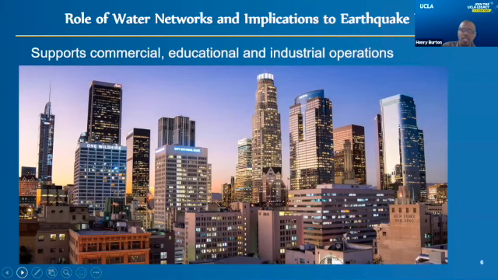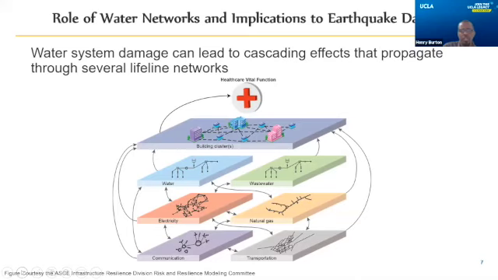And then water systems generally support not just residential buildings, but a variety of different operations, including commercial, educational, and industrial. And so if you think about the implication of the physical damage and functional disruption of a water distribution system, it can lead to cascading effects.